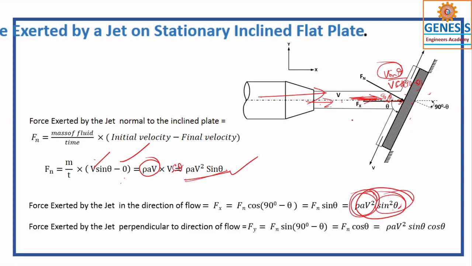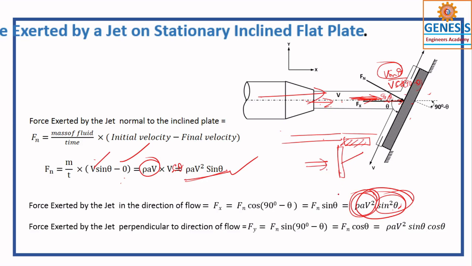If theta is equal to 0, it is a horizontal plate like that. So a jet is coming and your plate is like this. What would happen? Simply the jet flows over this plate. So there is no resistance. It is not going to produce any effect on the plate. Simply it is 0. If it is vertical, the jet will be able to move the plate.